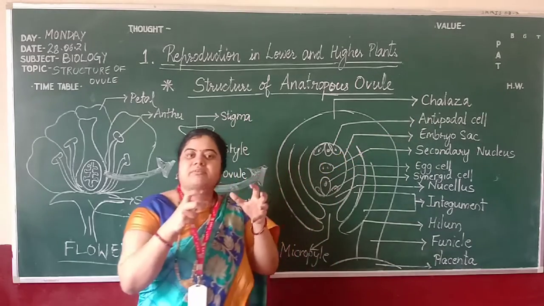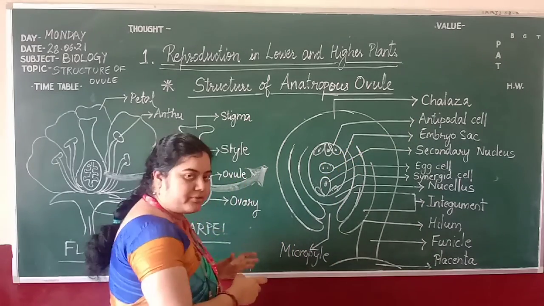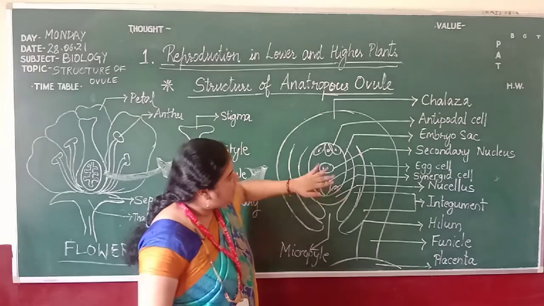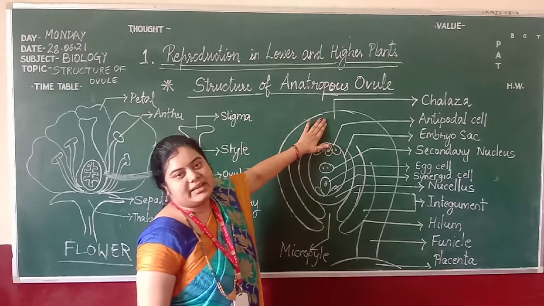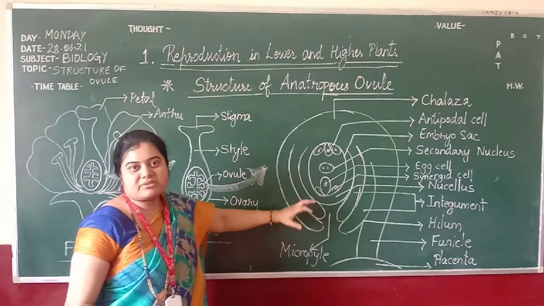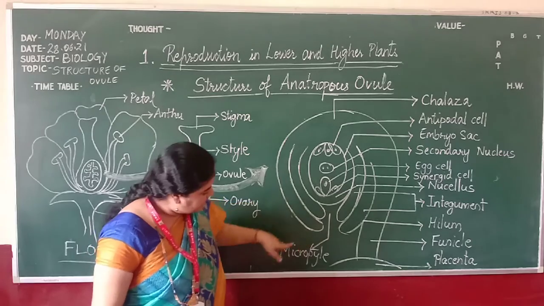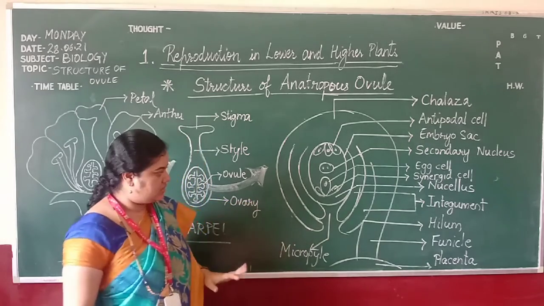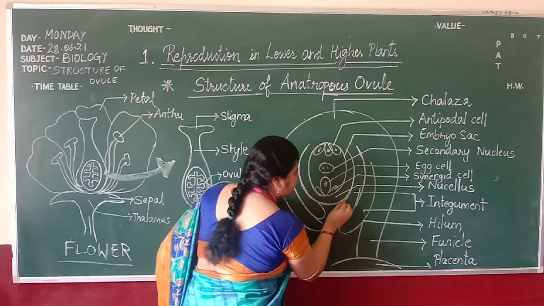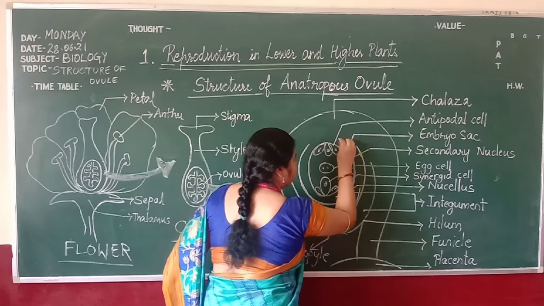So we can say that in an ovule there are two parts. One is the micropylar end, another is the chalazal end. The chalaza side is the chalazal end, and the portion towards the micropyle is the micropylar end. Here you can see a round, centrally located structure.